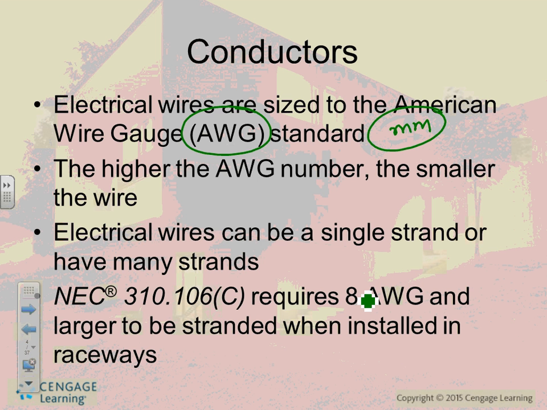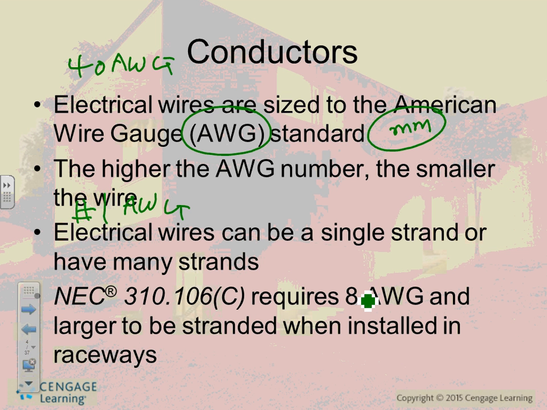The weirdest thing, I found it weird because I came from the metric system. In the metric system, the higher the number, the bigger the conductor. In the AWG, the higher the number, the smaller the conductor. It's kind of counterintuitive. So, for example, a wire gauge 40 AWG and a wire gauge number 1 AWG.